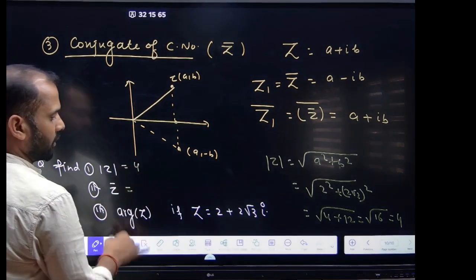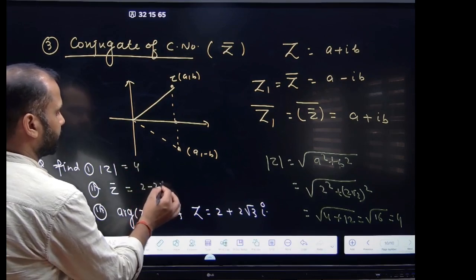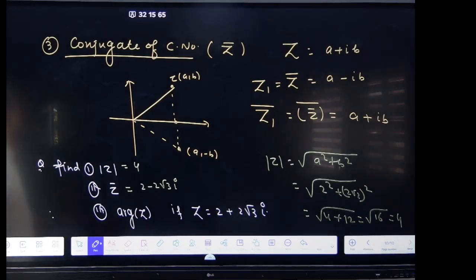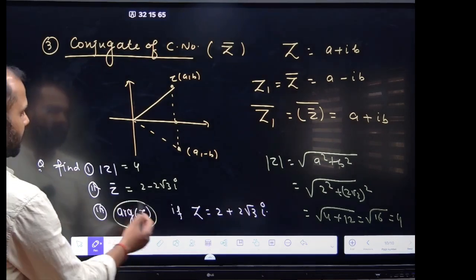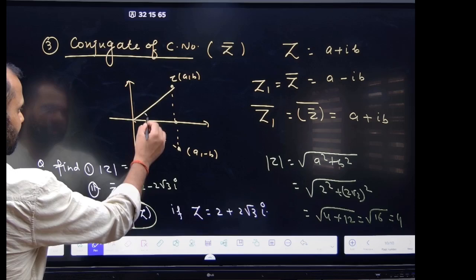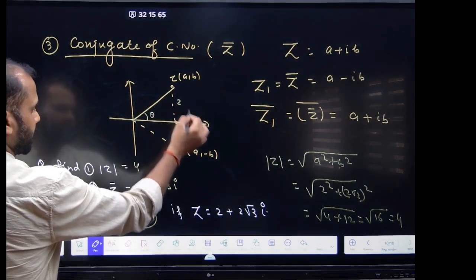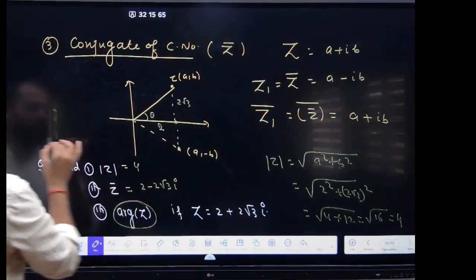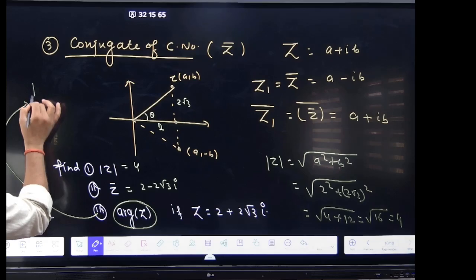What is z bar? You just change the sign of iota. Since iota is positive, I will write minus iota, correct? Now, I will calculate the argument of z. Calculating the argument of z means you want this theta. The real part is 2, the imaginary part is 2 root 3. So here I am calculating tan theta.